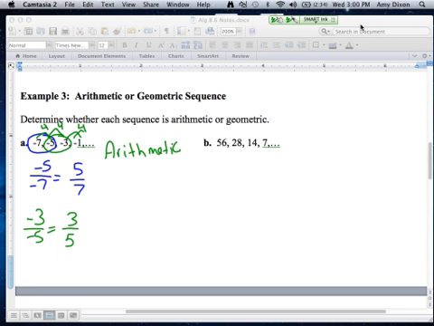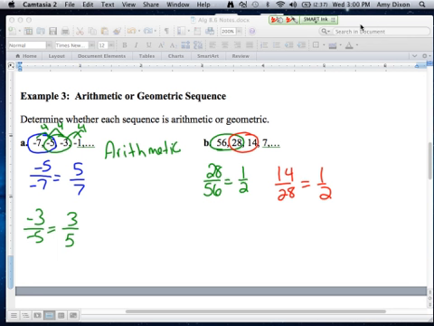The next one, let's check our ratios and see if we get the same thing each time. So let's do 28 and 56. If we take 28 divided by 56, we're going to get 1/2. Now let's check the next set of consecutive numbers. 14 divided by 28, also 1/2.